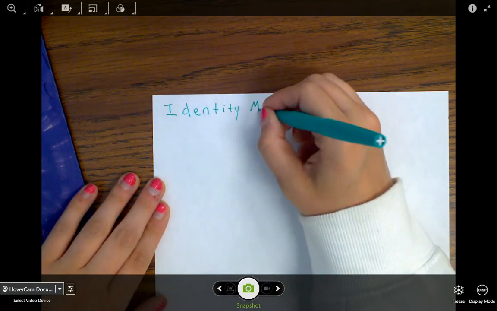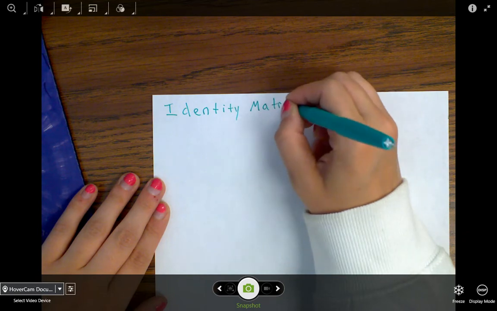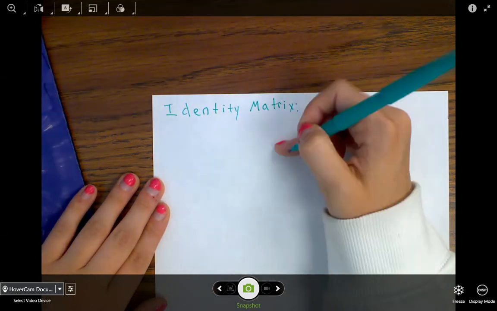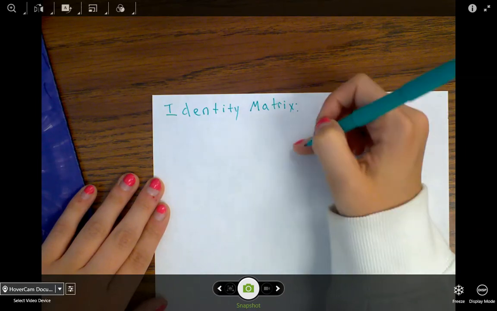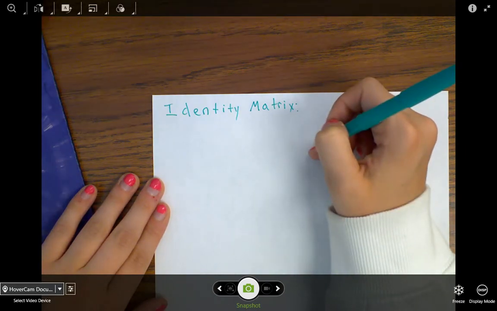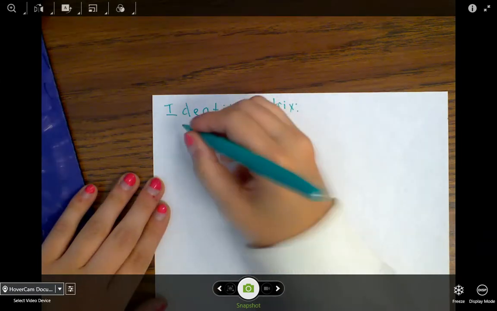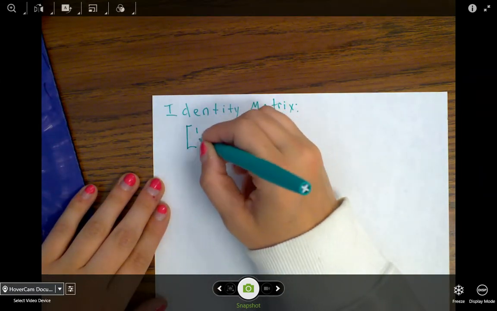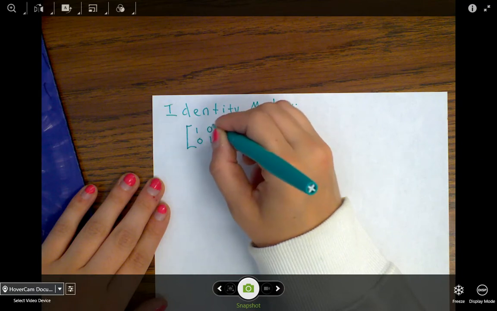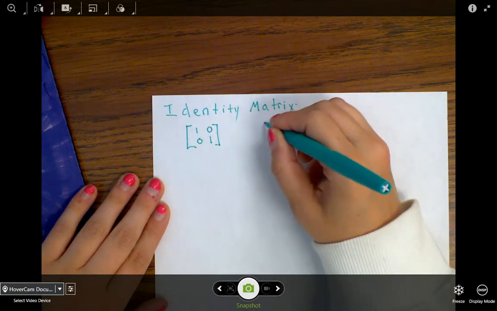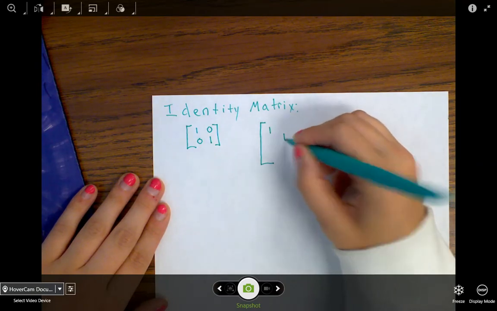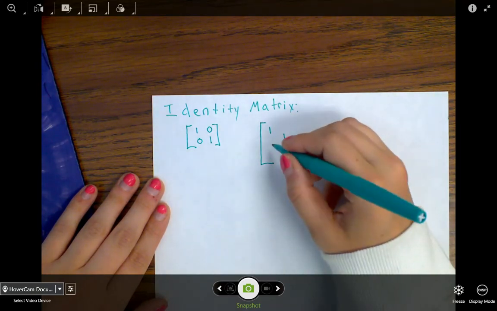It is similar to the number 0 if we're talking about adding, or the number 1 if we were talking about multiplication. What it's going to look like is 1s along our diagonal and then 0s everywhere else. And we are talking about a square matrix.